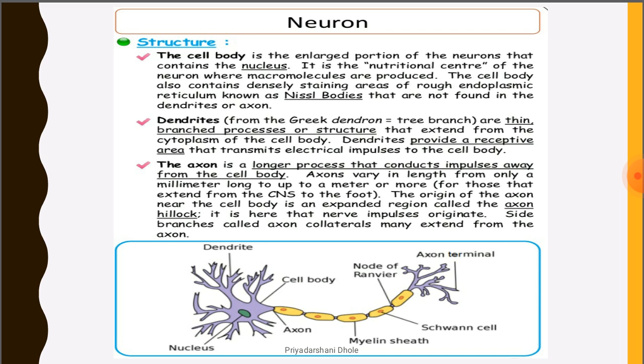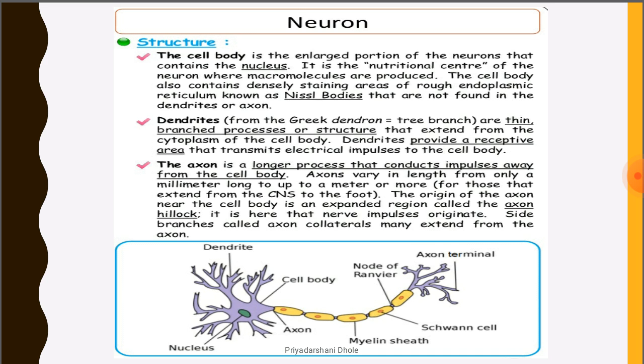From the cell body a long yellow portion comes out, called the axon, which has a special covering called the myelin sheath. The myelin sheath consists of cells called Schwann cells, and each gap in the myelin sheath is called a node of Ranvier. The axon is joined to the axon terminal.